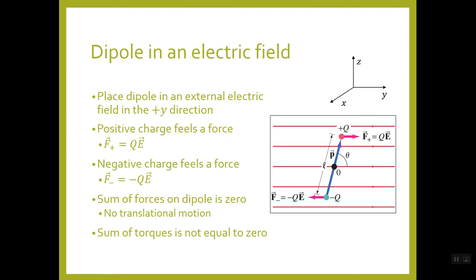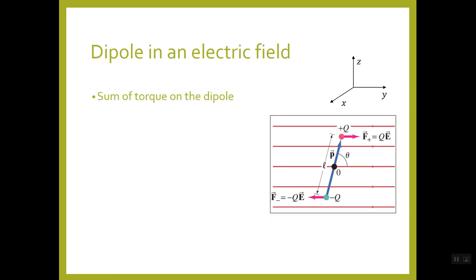But we're going to find that the sum of the torques on the dipole is not equal to 0, so there will be rotational motion. Let's find the sum of the torques on the dipole. I'm going to use the symbol N instead of tau to symbolize torque.